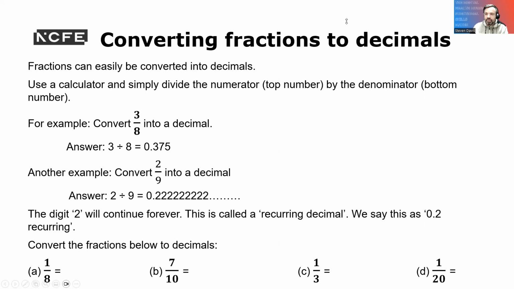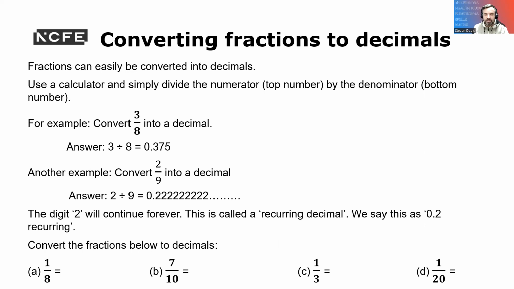So converting fractions to decimals then, fractions can easily be converted to decimals. Use a calculator and simply divide the top number by the denominator, the bottom number. For example, convert 3/8 into a decimal. The answer is 3 divided by 8 equals 0.375.